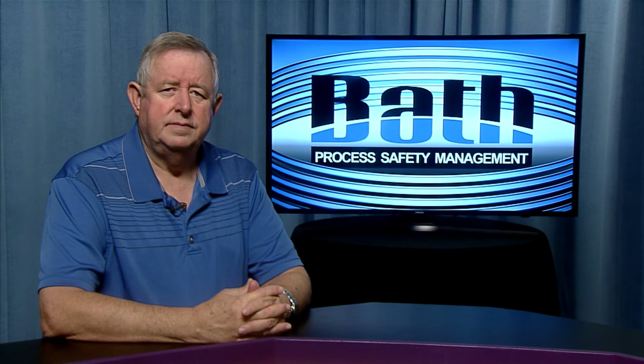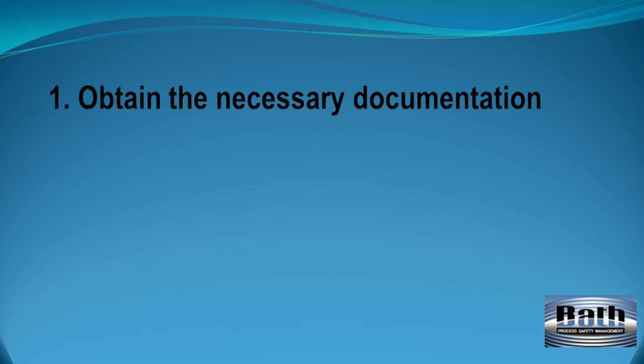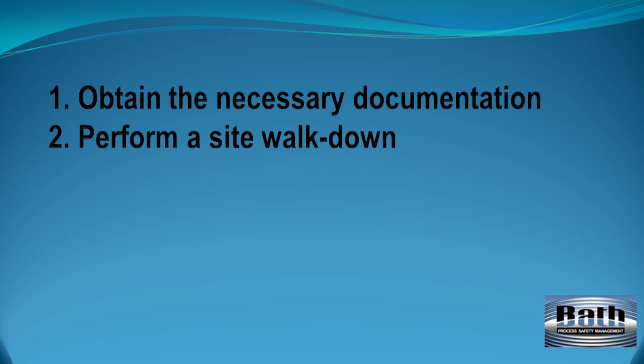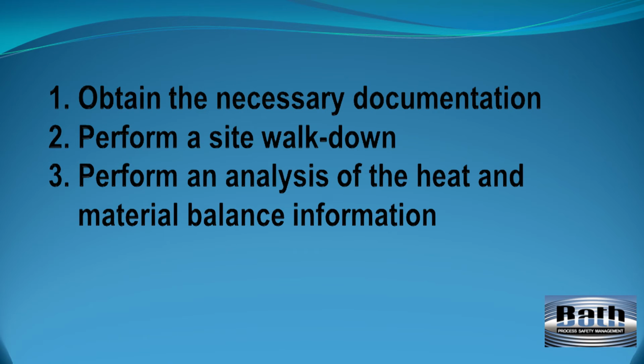Let's review. The Bath Process Safety Management methodology in determining area classification is: 1. Obtain the necessary documentation. 2. Perform a site walk down. 3. Perform an analysis of the heat and material balance information. 4.